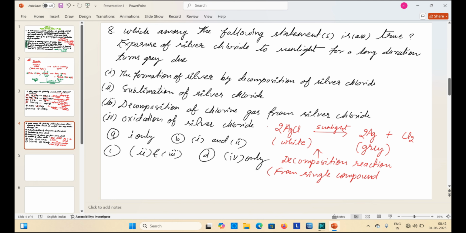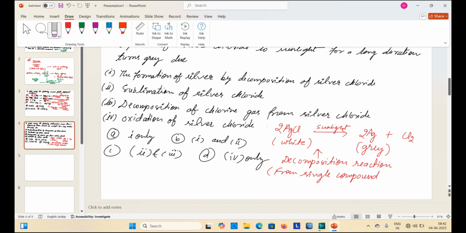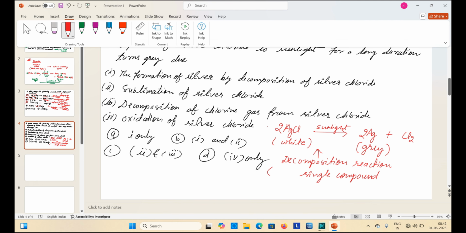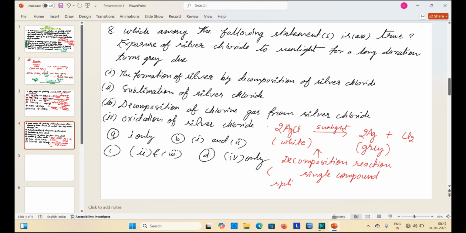In the decomposition reaction you will find that a single compound splits into two or more simpler substances.